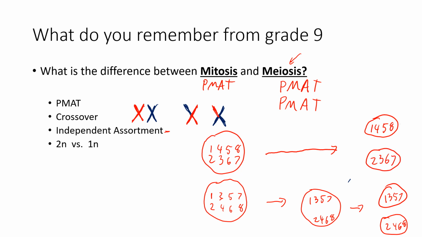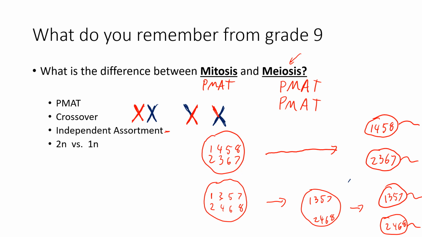So this sperm cell, all coming from the same parent, would have chromosomes 1, 4, 5, and 8. This sperm cell would have 2, 3, 6, and 7. This one would have 1, 3, 5, and 7, and this one would have 2, 4, 6, and 8. So that's called independent assortment. That's just another measure to make sure that every single sperm cell is different, every single egg cell is different.